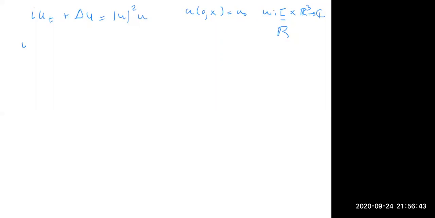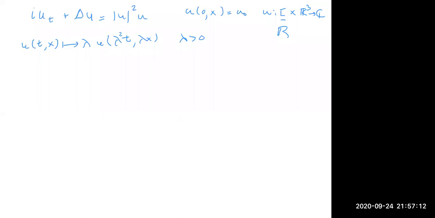We have a scaling symmetry: if we have a solution u of t, x, then we would have another solution for any lambda bigger than 0.